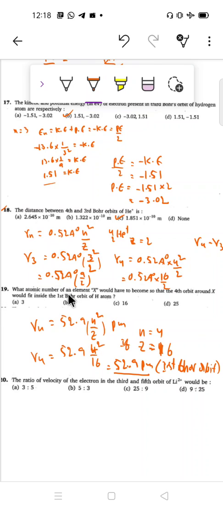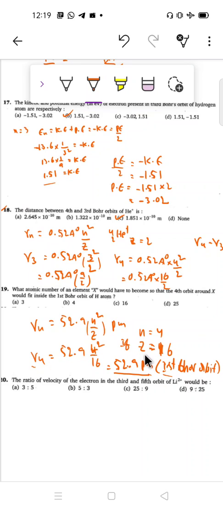The atomic number of element X would have to become such that the fourth orbit around X would fit inside the first Bohr orbit of the hydrogen atom. On which Z value is R4 equal to the first Bohr orbit? They ask like that. So we can prove that this is the value.